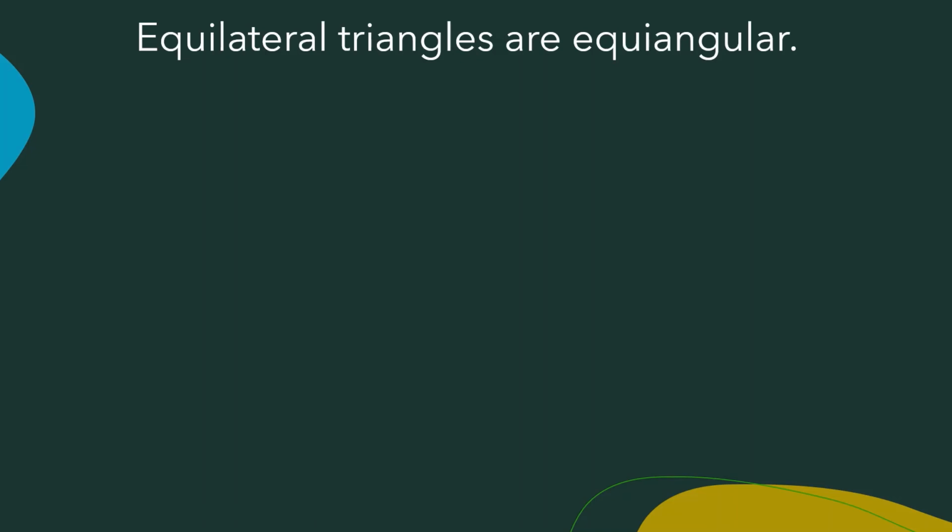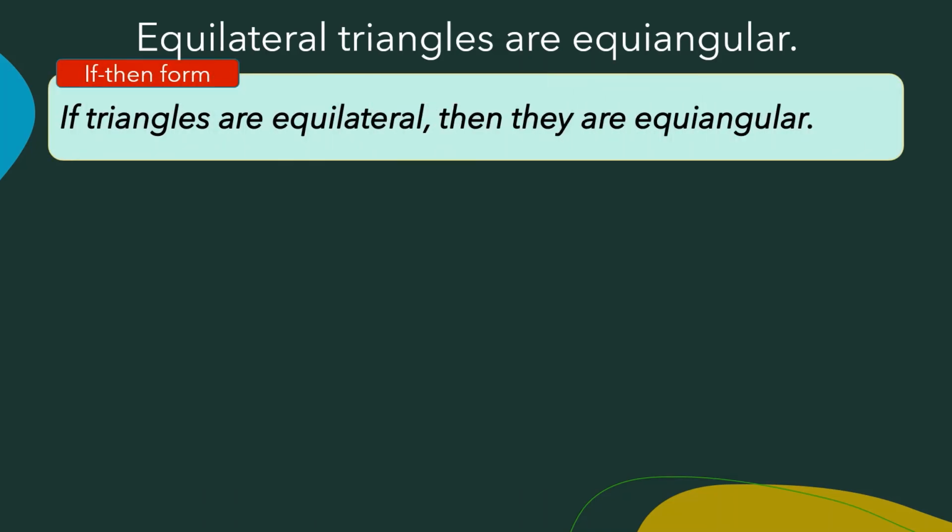Now, let's try another. Equilateral triangles are equiangular. What is its if-then form? Great! The if-then form is, if triangles are equilateral, then they are equiangular. How about the converse statement?